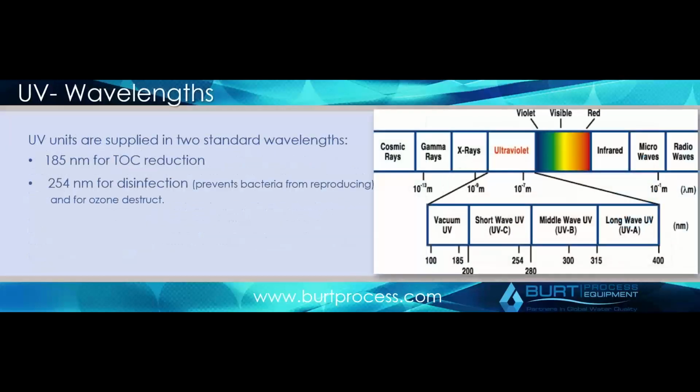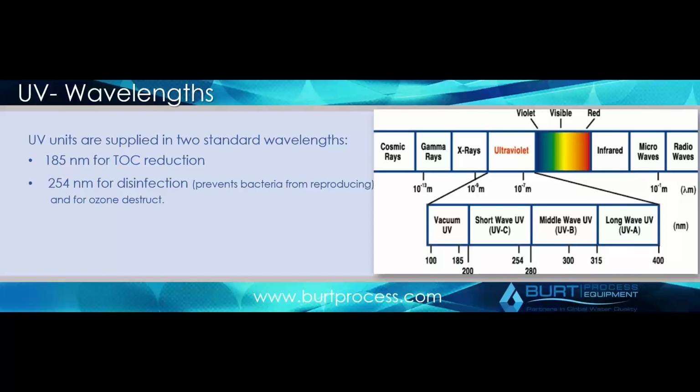A 185 nanometer UV light, on the other hand, is a much shorter wavelength. Whereas you can see here on the right the different wavelengths, 254 nanometer is really a short wave UV, whereas 185 is a vacuum UV. It's designed to break up TOC, or total organic carbon.